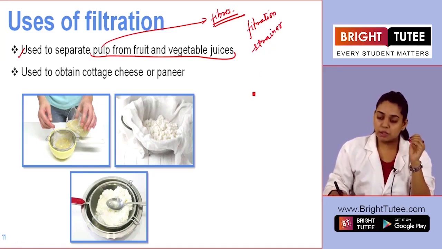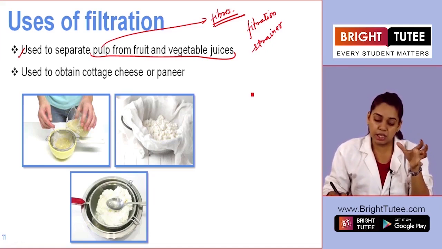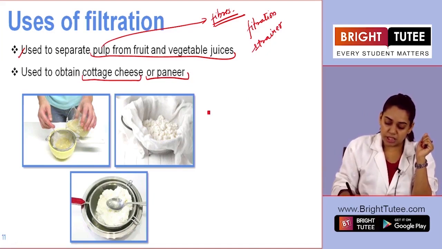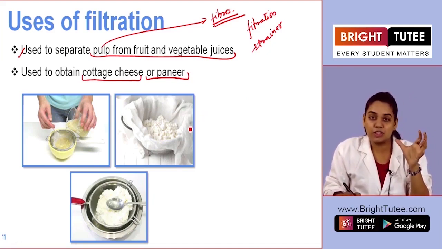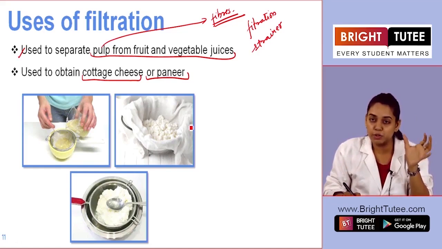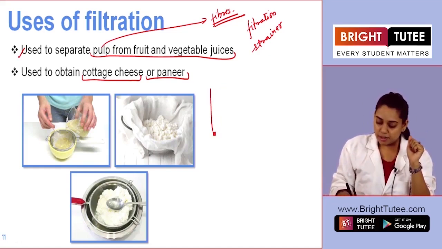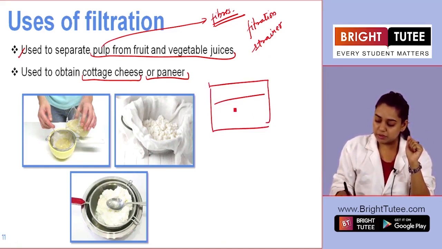And we can also make use of fine cloth, as we have discussed, to separate cottage cheese or paneer. You can observe this. And do you know how cottage cheese is obtained? What you do is take, say, half a liter of milk and boil it.